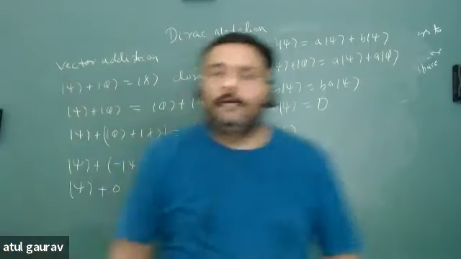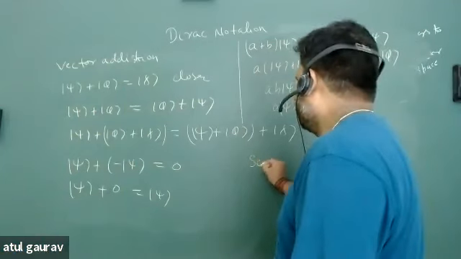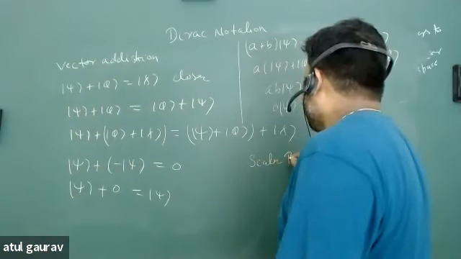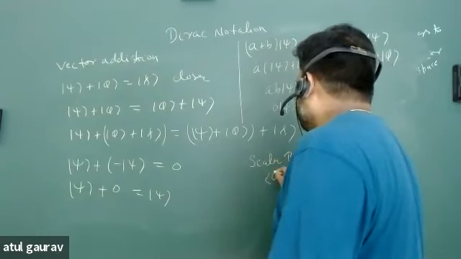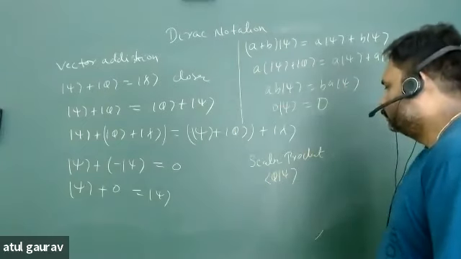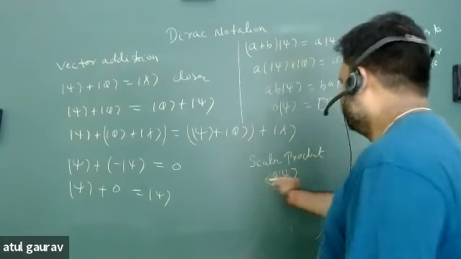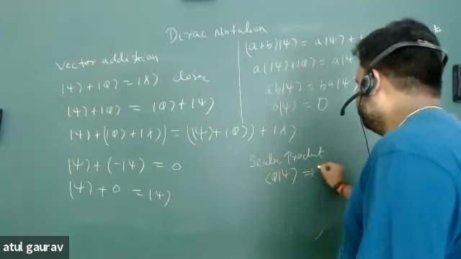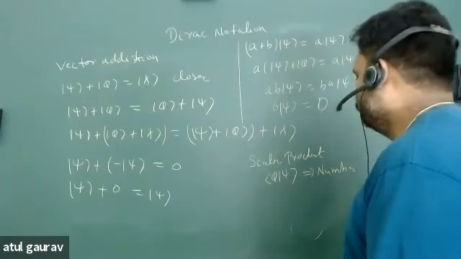But the main thing is all about the scalar product. The scalar product is defined as phi psi. These are the scalar products, and these are numbers.